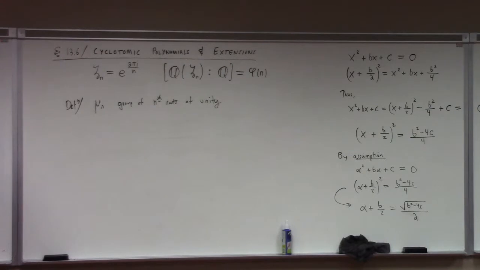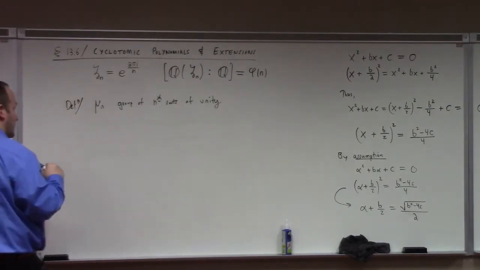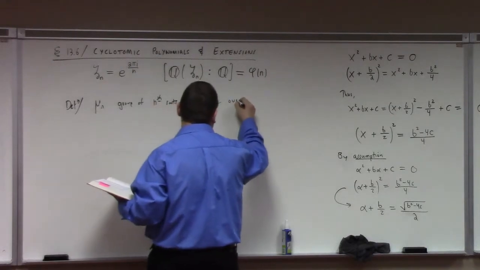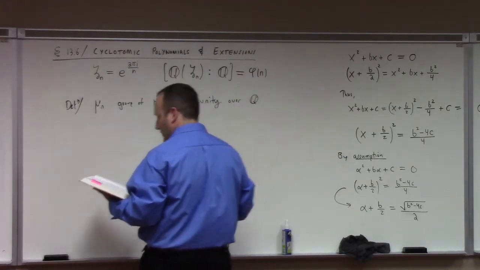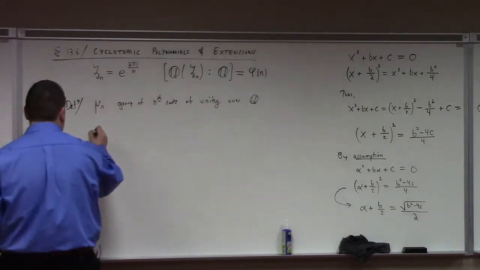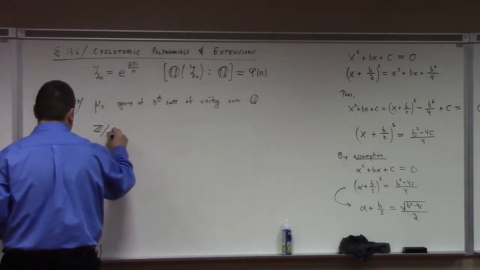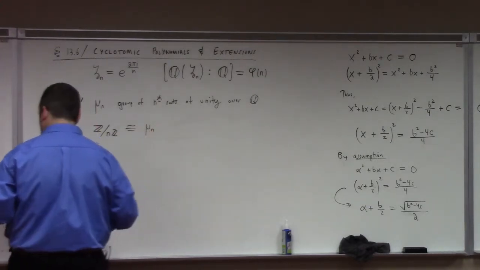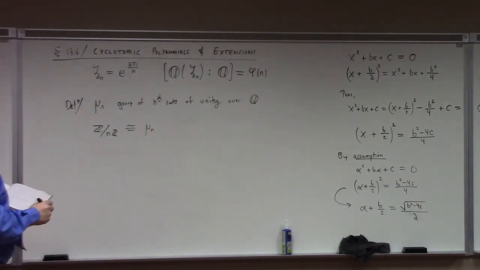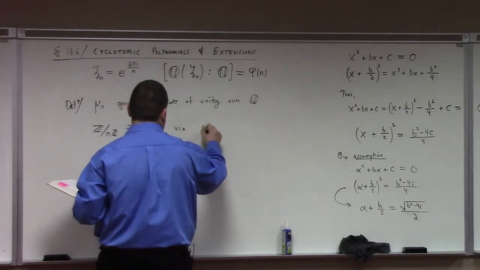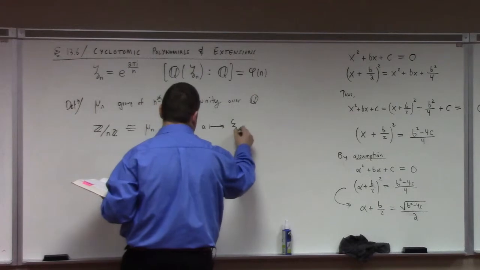Okay. Now, the group mu n of nth roots of unity over Q. He says that he's already shown Z mod nZ is isomorphic to the roots of unity, and the isomorphism is a maps to zeta n to the a.